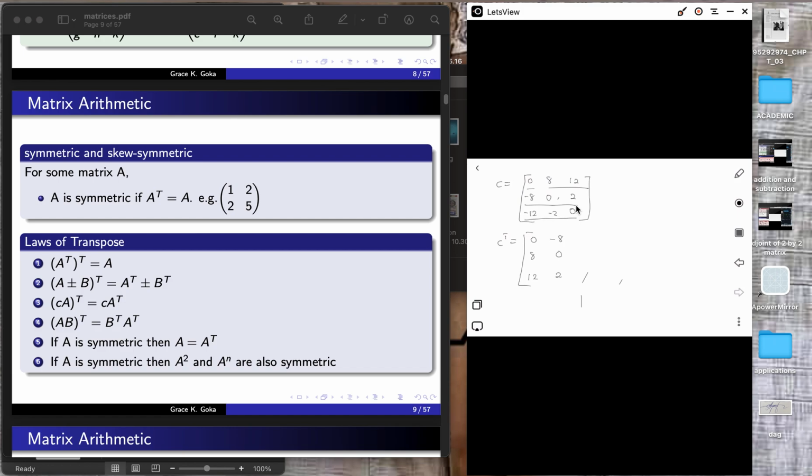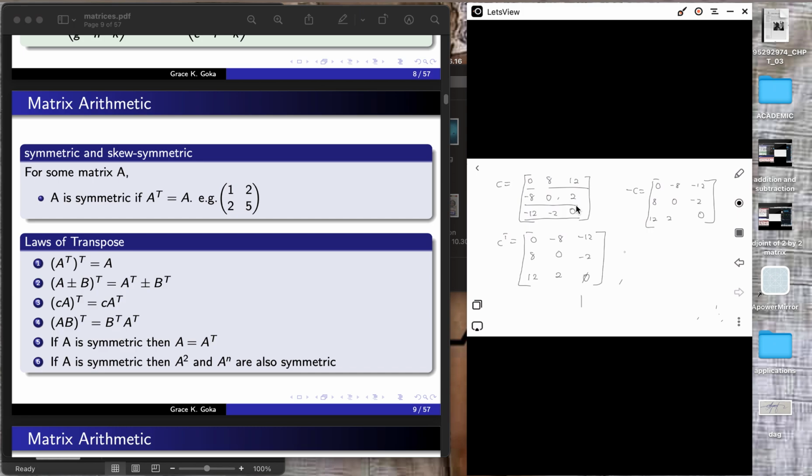Pick the third row becomes the third column, minus 12, minus 2, and then 0. C and C transpose, although are not the same, but if we find negative C, simply means apply negative 1 on each and every component of matrix C. I'm going to get 0 here, minus 8, minus 12. I'll have 8, 0, minus 2. I'll have 12, 2, and then 0 there.